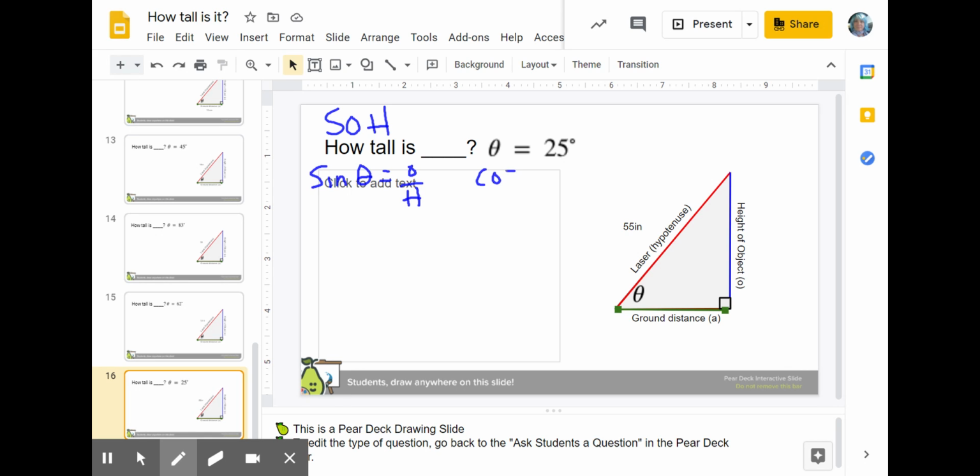And then cosine of my angle equals A over H. That's the CAH. And then we've probably figured out by now that we don't need the tangent, but I'm going to write it anyway. That's our TOA.